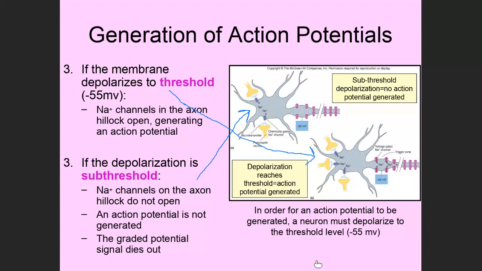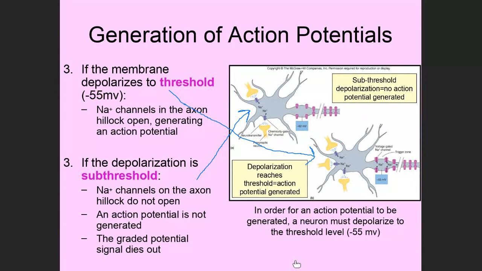So we get an action potential being triggered if we hit that threshold level of negative 55 millivolts. And that action potential, you'll remember, is what allows our neuron to communicate with the next cell or the skeletal muscle or the organ or the gland that it's actually hooked up to. So you may be wondering, why do we have subthreshold depolarizations, and why do we sometimes have threshold depolarizations?